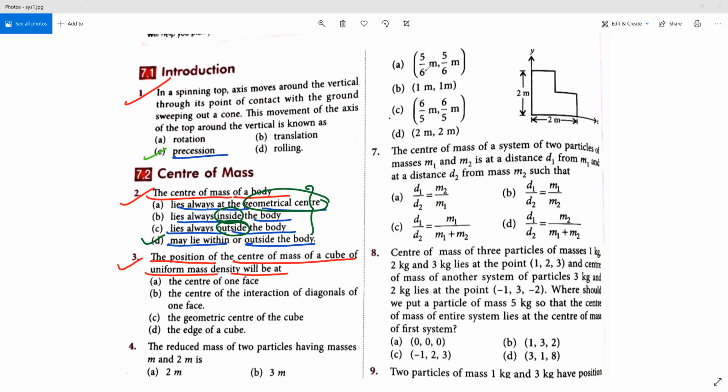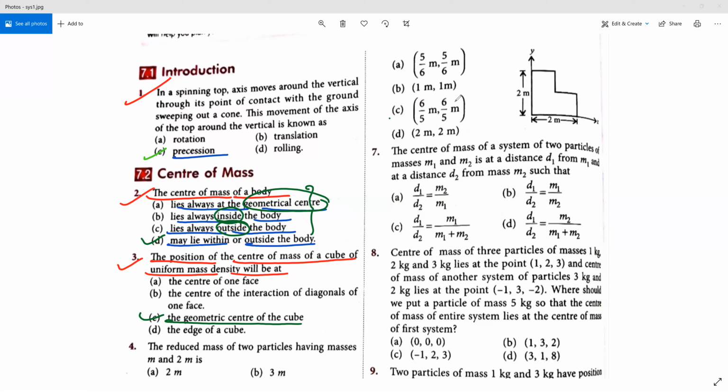As the mass density of a cube is uniform, therefore its center of mass lies at its geometric center. By observing all four options, it is a direct question. The right answer is C, that is the geometric center of the cube.